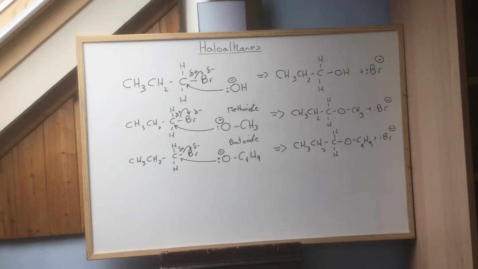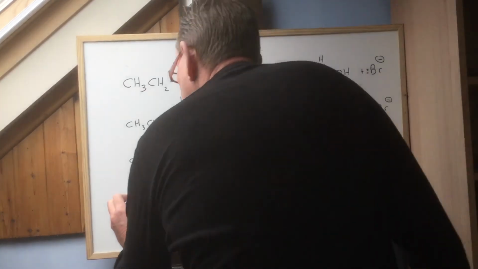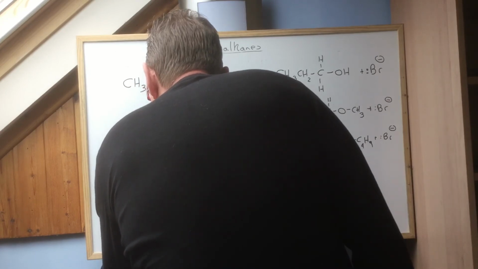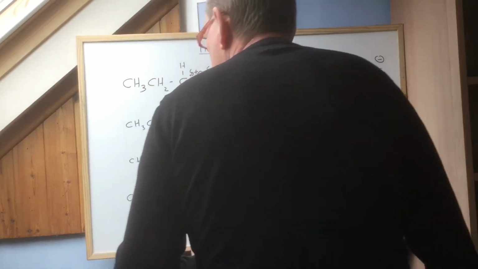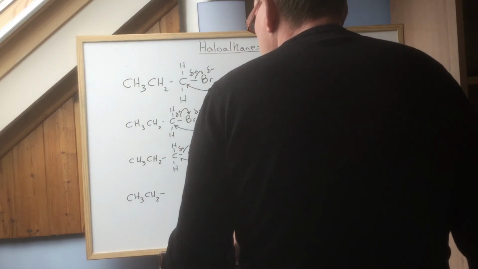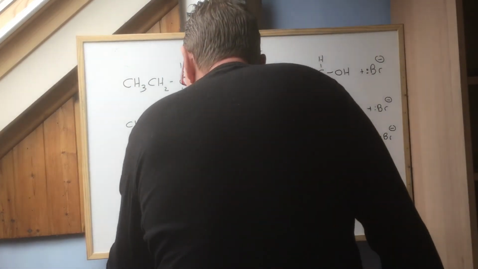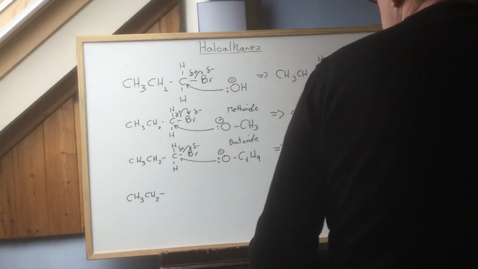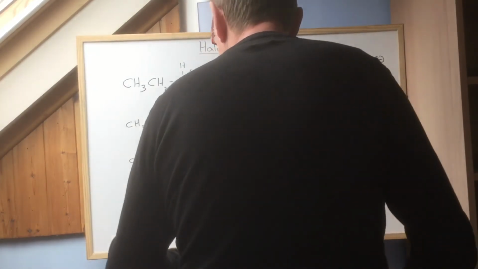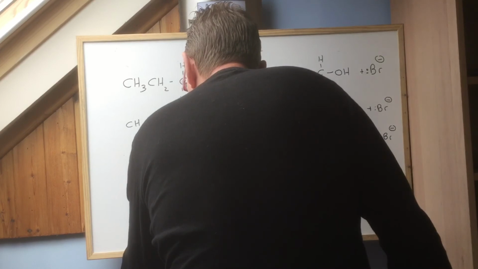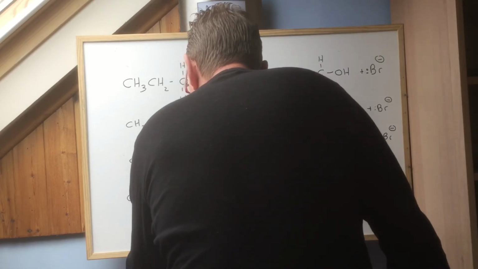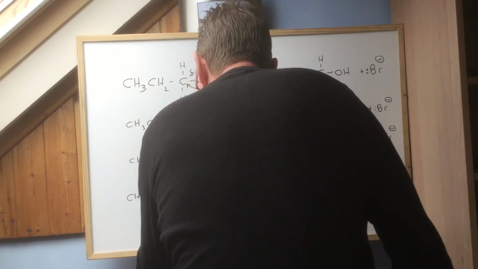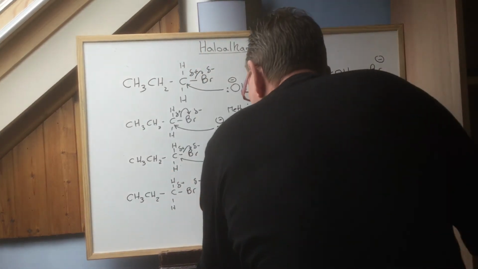And let's have a totally weird one. Imagine you get this in the exam. We'll do one more. We'll stick with bromo because then you've got at least some kind of pattern. Now what about a nucleophile like this?